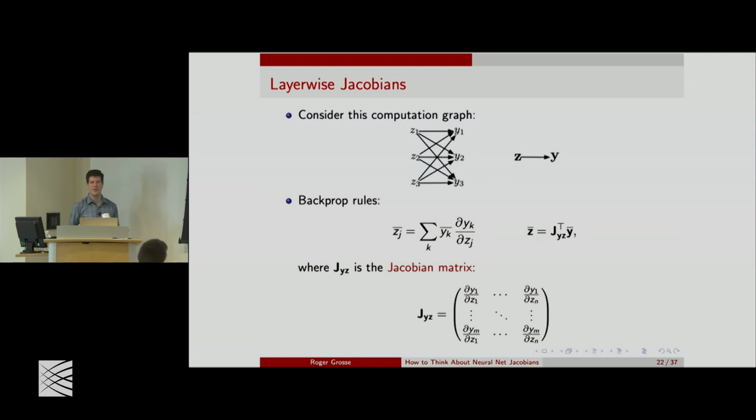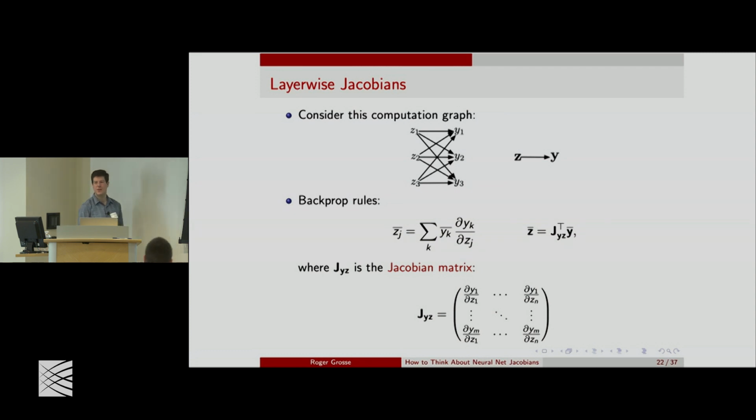And so when we compute these messages, here's a single layer of the network. We have a vector z and a vector y that's computed as a function of z. And so the vector form of the computation graph would just have an arrow going from vector z to vector y. And the chain rule for partial derivatives says that the error signal for zj is the sum over all of the children in the computation graph, the error signal for yk times the partial derivative of yk with respect to zj.